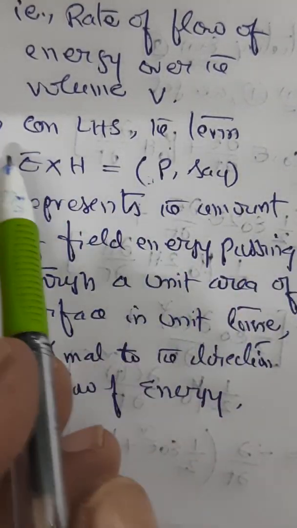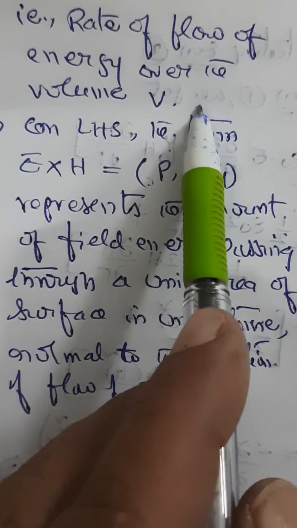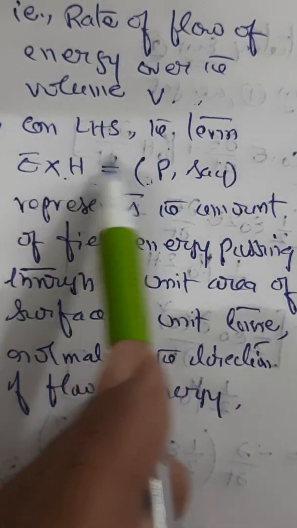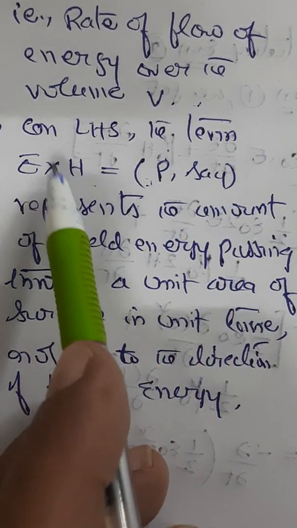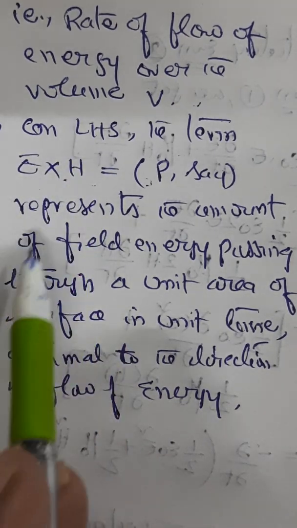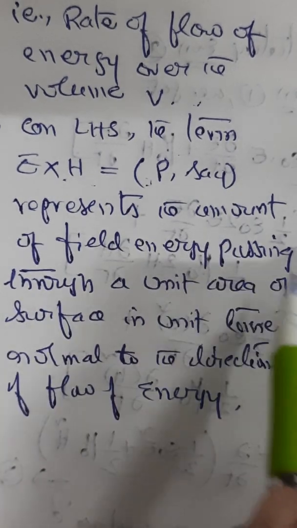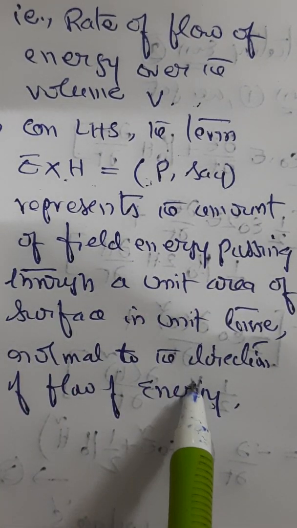Now if you see the left hand side, what we got? Right hand side we already got as the rate of flow of energy over the volume. Left hand side, if you see the term, it is E cross H. Just for a second, forget about this. E cross H is representing what? It is the amount of field energy passing through a unit area of surface in unit time, acting normal to the direction of flow of energy.